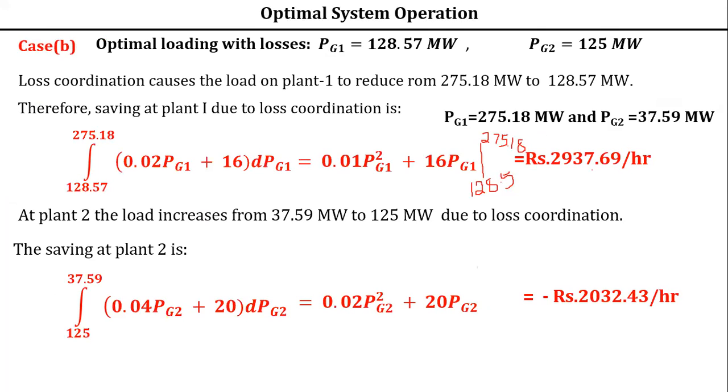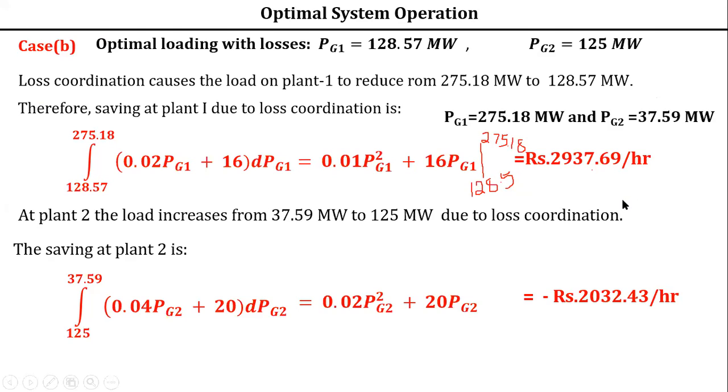So now I corrected. You see this one, minus rupees 2032.43. Even though we say savings, savings may be plus or minus. If plus, actually it is saving. So minus means it is a loss, actually savings in loss. Why? You see the generation has already increased at plant 2.